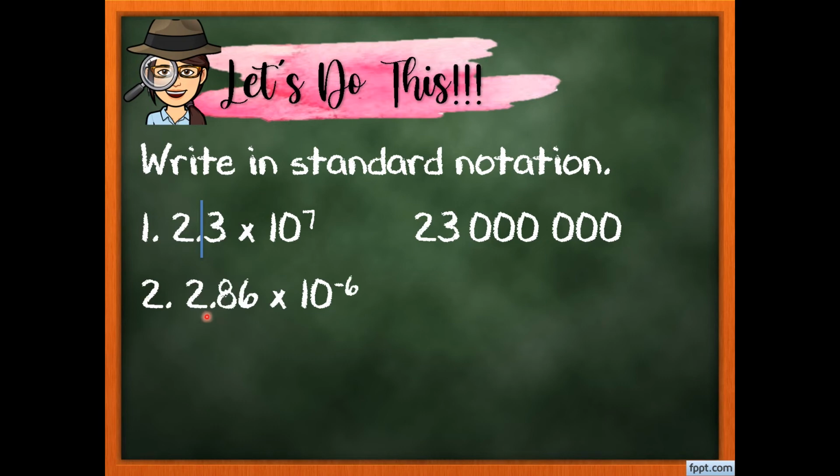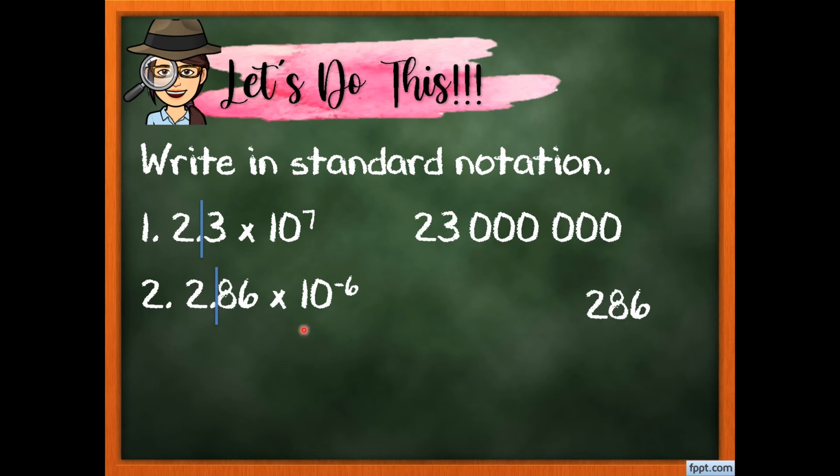Next number, 2.86 times 10 to the negative 6. Andito yung decimal point natin, between 2 and 8. So, meron tayong 1, 2, 6 total. Ito ay 1. So, ibig sabihin, since negative ito, our number is a smaller number. So, we are going to add 5 more zeros to the left of 2. So, let us copy first 286.